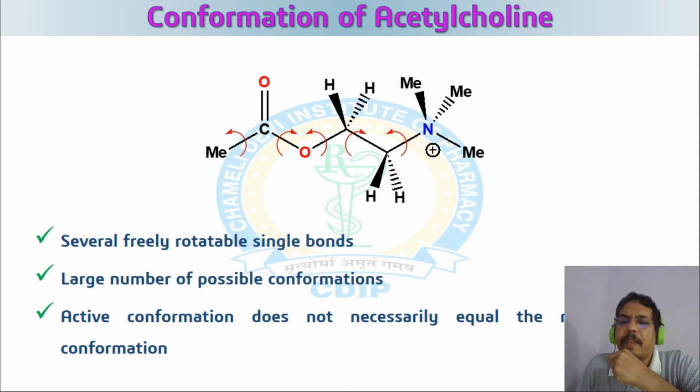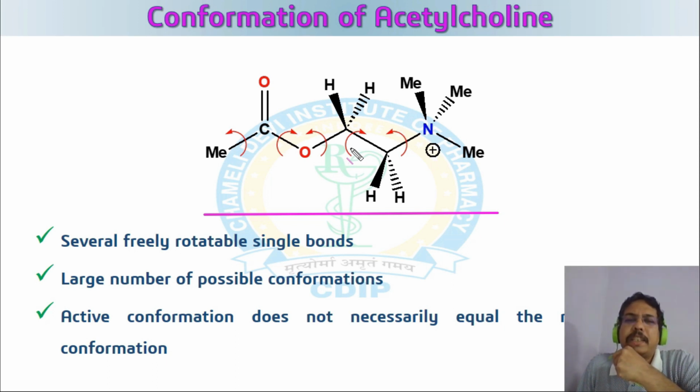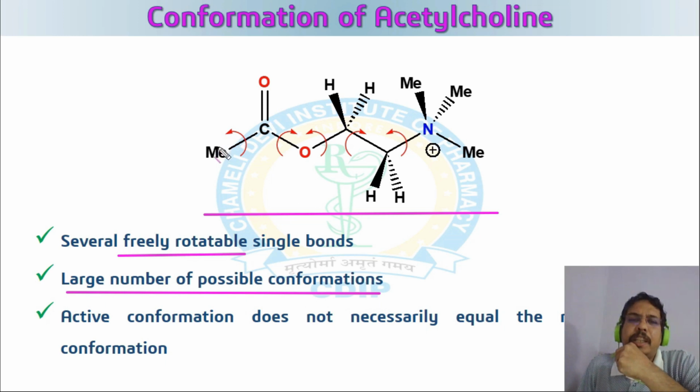If you look at the structure of acetylcholine, you see it is a straight structure in which single bonds are there, and these single bonds are freely rotatable, and due to this freely rotatable nature, acetylcholine is present in a large number of conformations, in which the angle between the methyl and carbon may vary from 0 to 360 degrees.